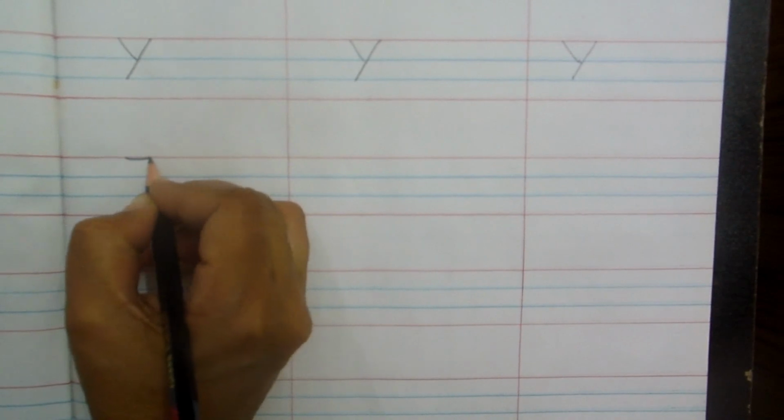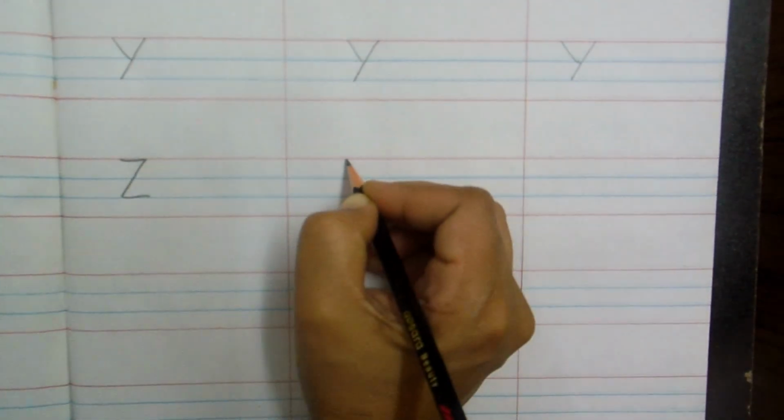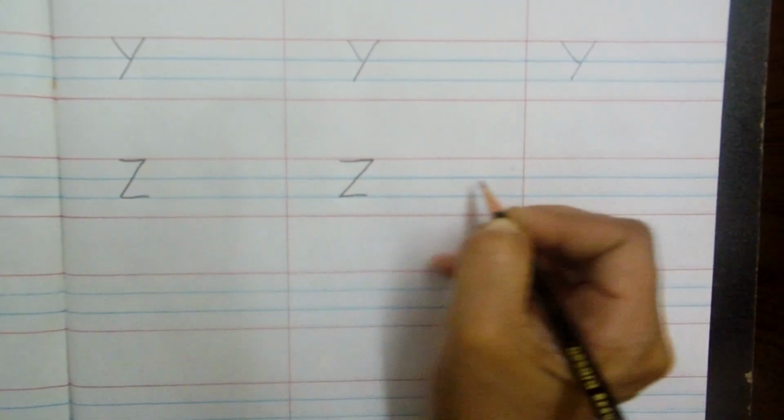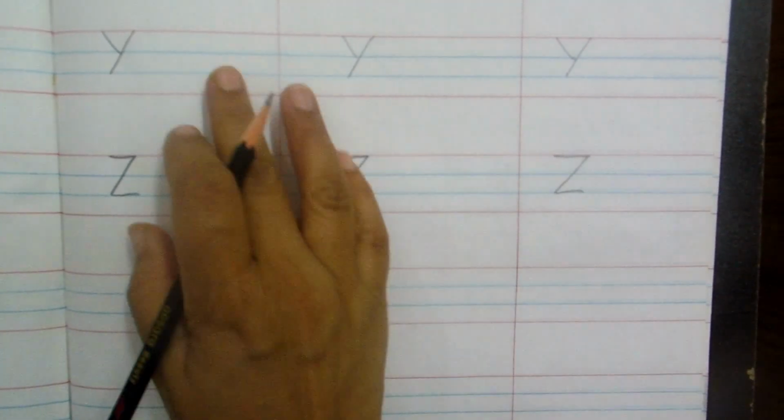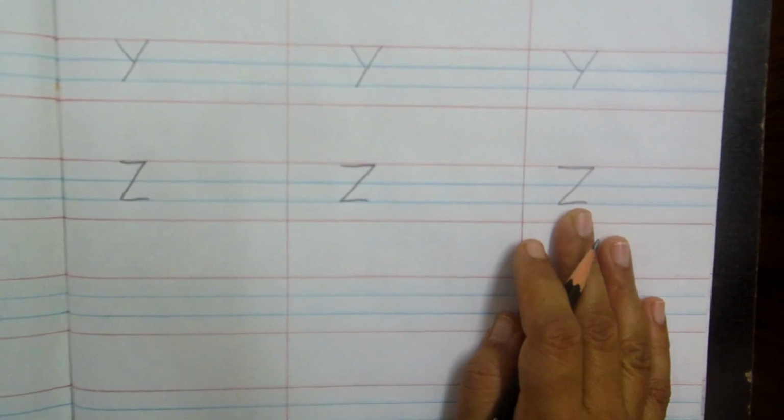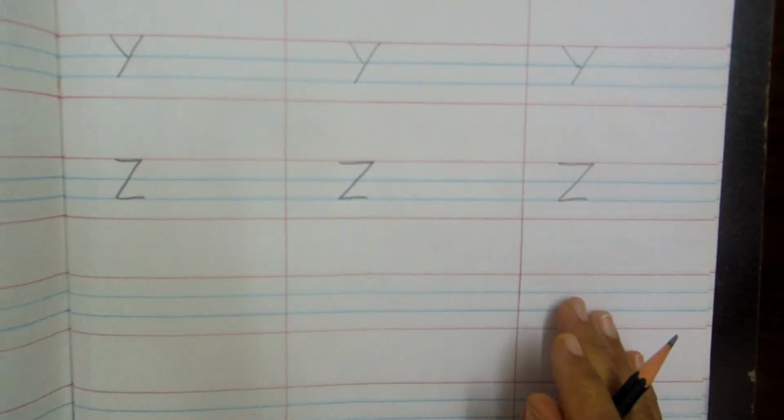So this is Y. Now let us write Z. So friends, this is capital A, B, C up to Z.